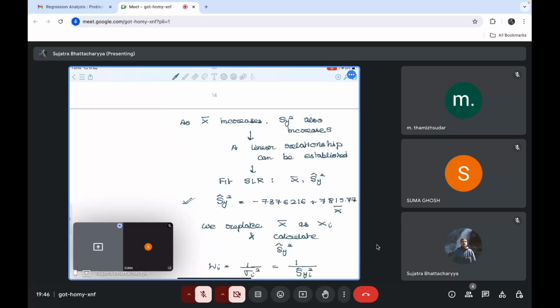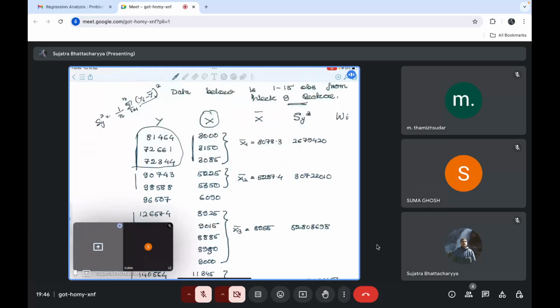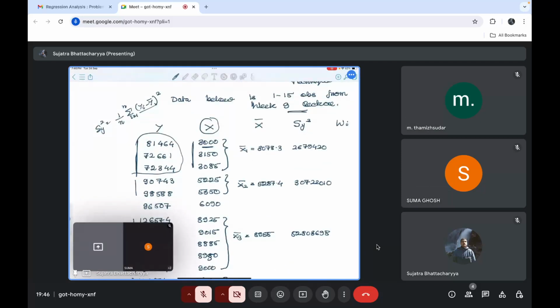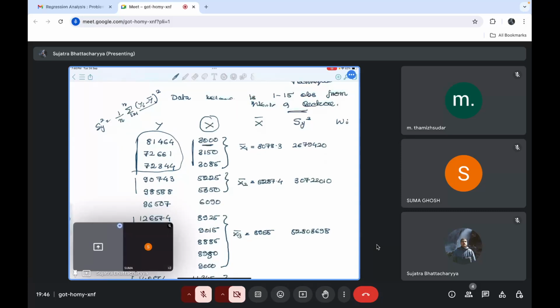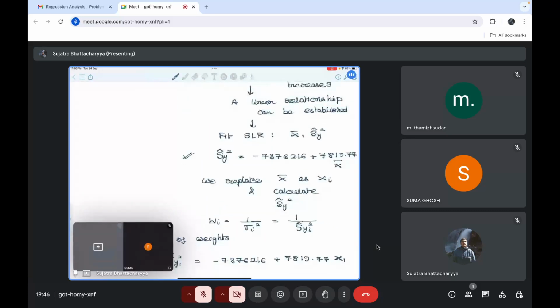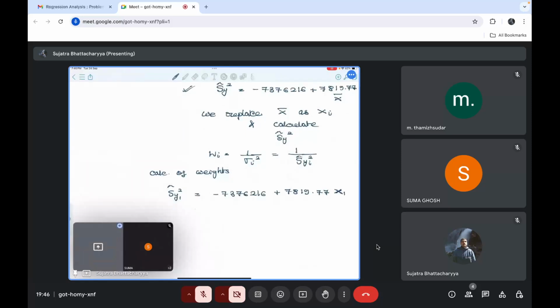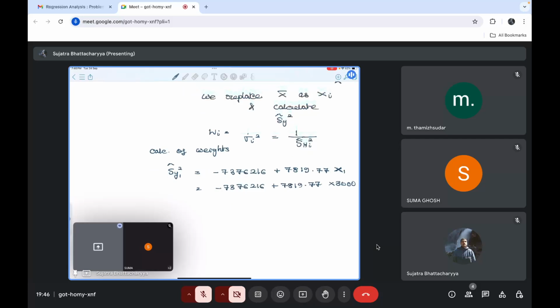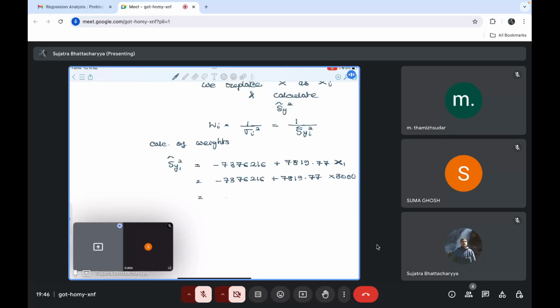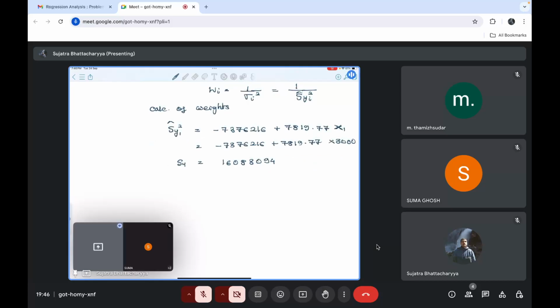The first observation x1 is 3000. So if you write it, minus 7376216 plus 7819.77 into 3000, your sy1 hat square will come out to be 16083094. This is not the weight. This is the sample variance corresponding to the first observation.